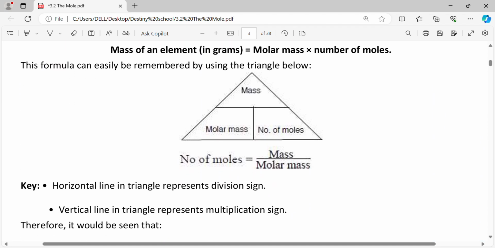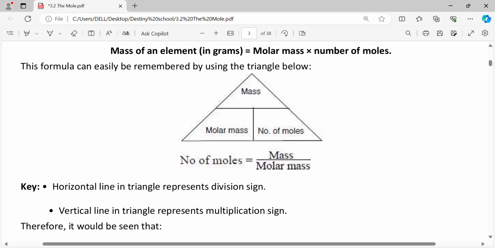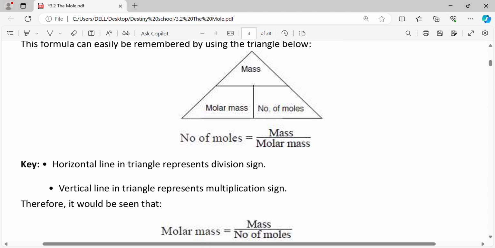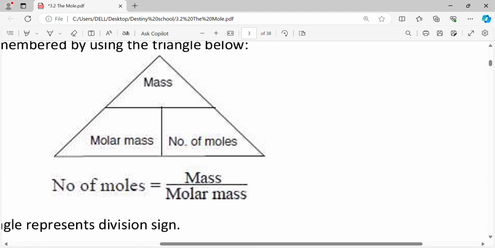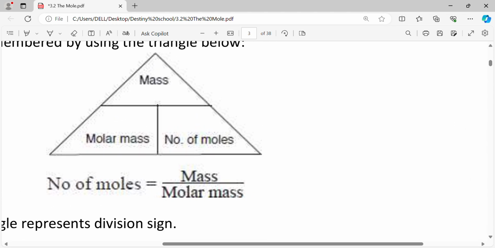Now let's proceed to the formula. You need to know this formula. It is in the form of a triangle. The upper part is mass in grams. The lower side has the molar mass and the number of moles.